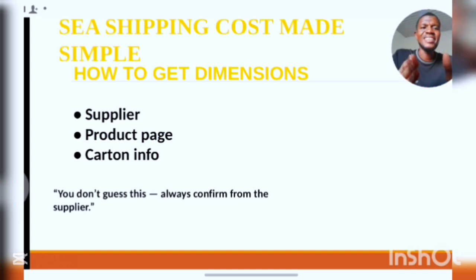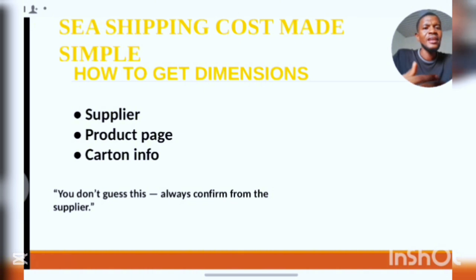Ask for the dimension. They can probably give you the full CBM. If you ask for a CBM, they can give you the CBM. If you ask for the dimension, they can give it maybe in cm or in millimeters. Then you finally calculate it and figure out what your CBM is going to be using the things that I've taught you in this particular video.